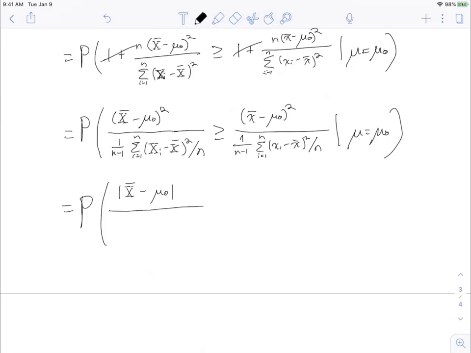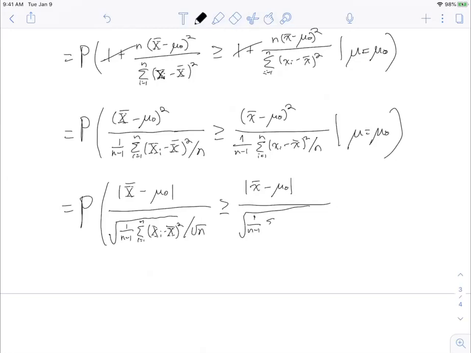And then in the denominator, what we have is the square root of 1 over n minus 1, sum i equals 1 to n, (xi minus x bar) squared, over the square root of n. And the same thing for the other side.